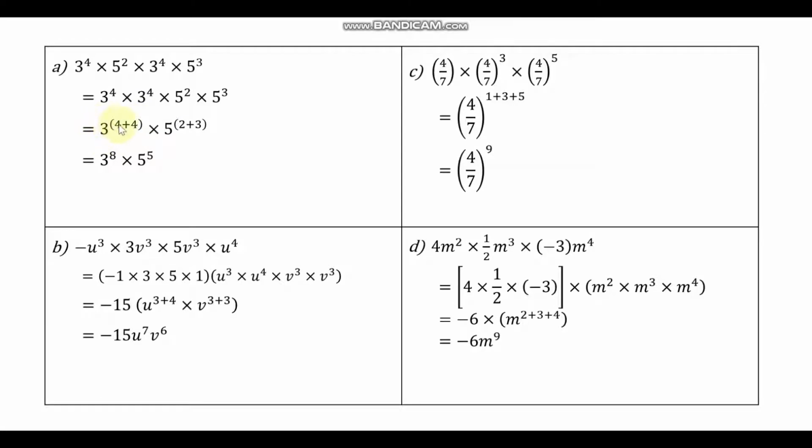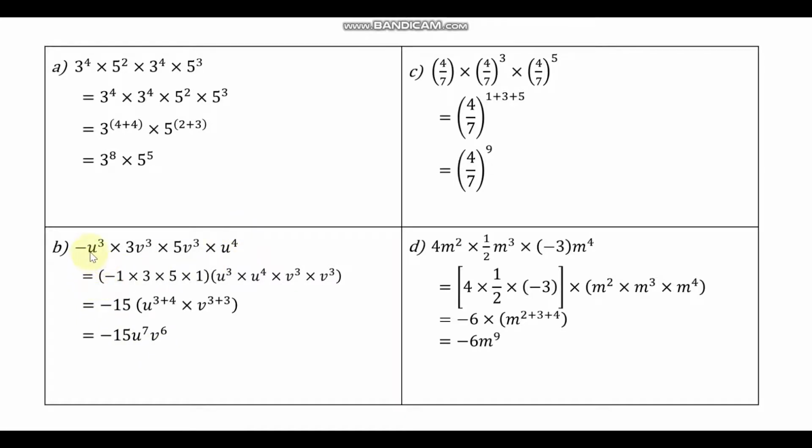We only plus the numbers which have the same base. For base of 3, we have 4 plus 4. Base of 5, we have 2 plus 3. So the final answer we have here is 3 to the power of 8 times 5 to the power of 5.